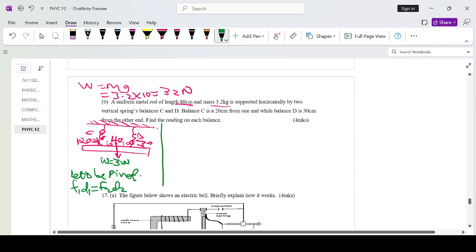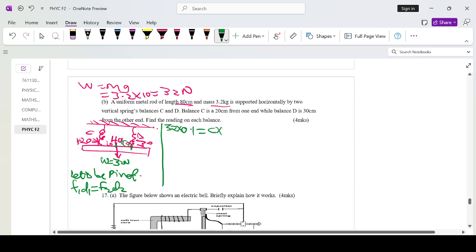So F1 is this weight, which is 32, times D1. The 40 centimeter mark minus the 30 centimeter mark from this side, so this distance here is 10. 10 divided by 100, that is 0.1, should be equal to the other moment. Let me call it moment C.